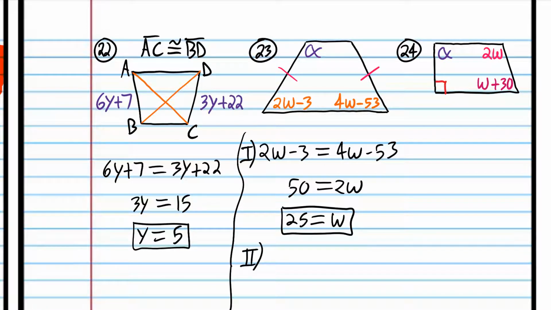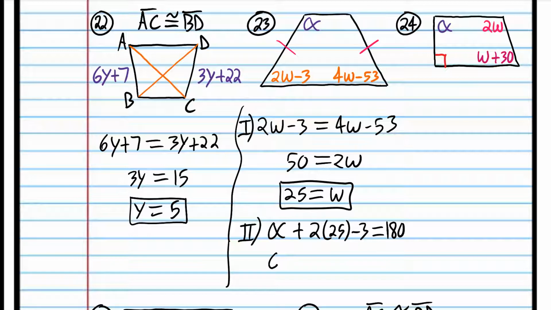Now, for any trapezoid, the non-base pairs are supplementary. So we know that alpha plus 25 is 180. Wait, I'm sorry, I didn't do that right. Alpha plus, we got to plug in 25 to get the actual angle, is equal to 180.